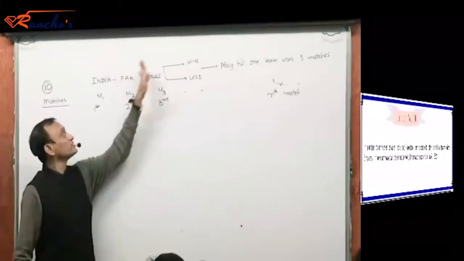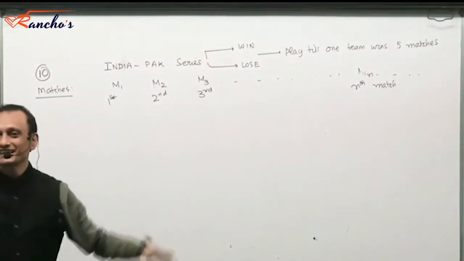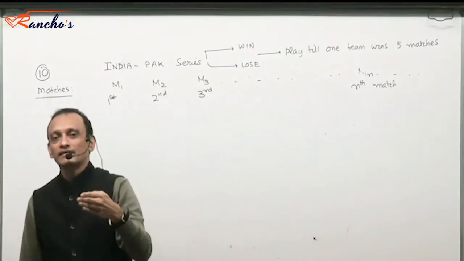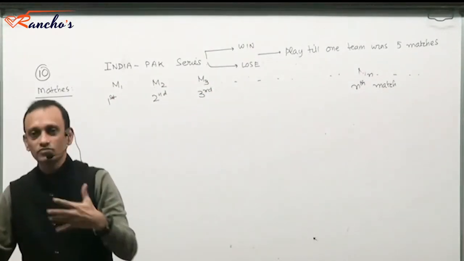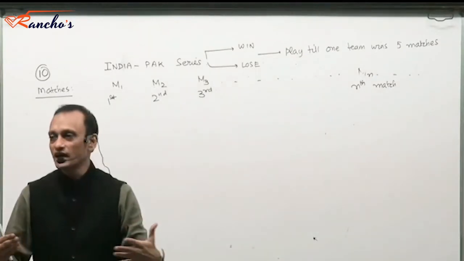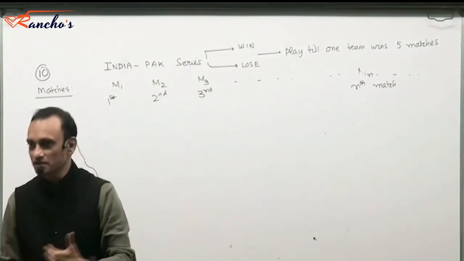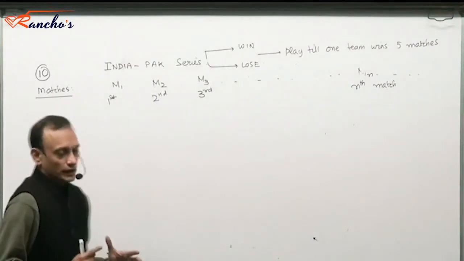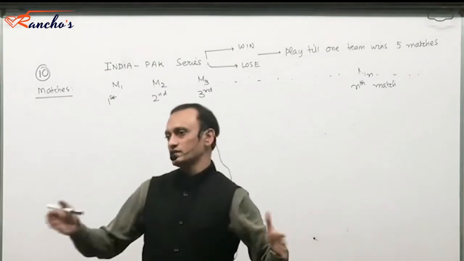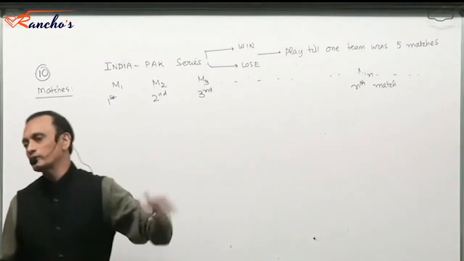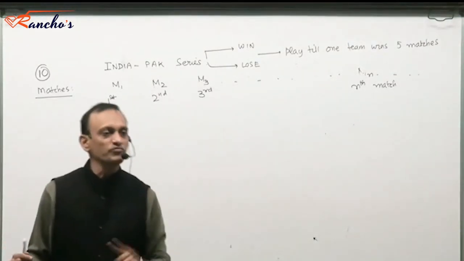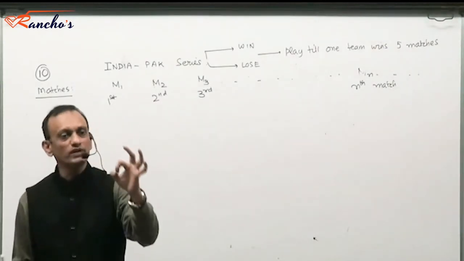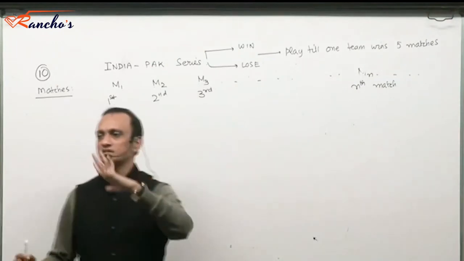Talking of a very uninteresting Indo-Pak series, they're going to play test matches, and the only two outcomes are win and lose. A team can win and the other one will lose. Now it's a special series, so it will last till the first team wins 5 matches. One of the teams is going to win 5 matches and the series gets suspended then and there.